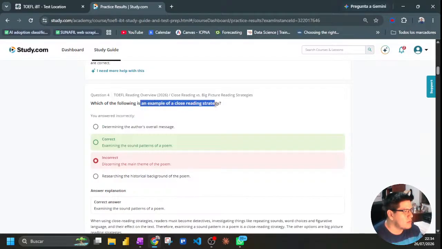Close reading strategy. Close reading, examining the sound patterns.